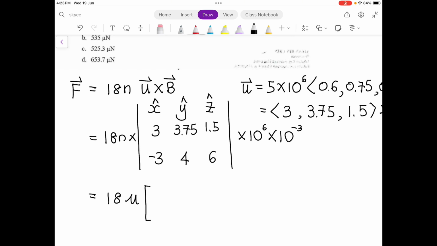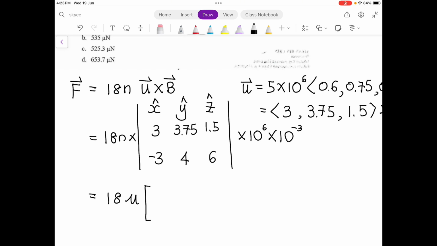So let me use the calculator. I will switch it to vectors. For vector A, I set it as 3 dimensions: 3, 3.75, and 1.5.